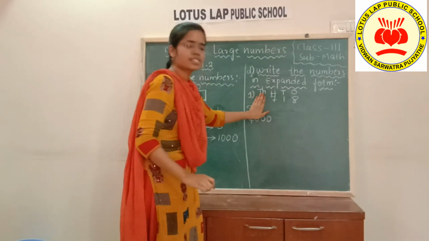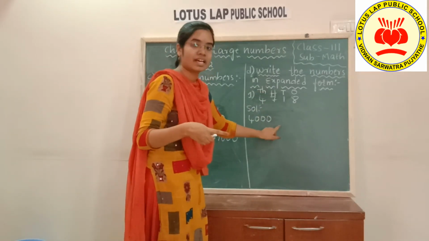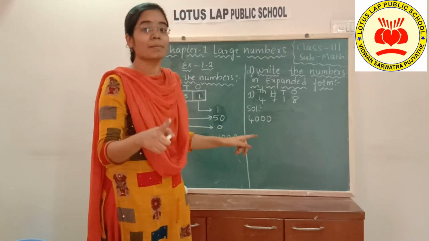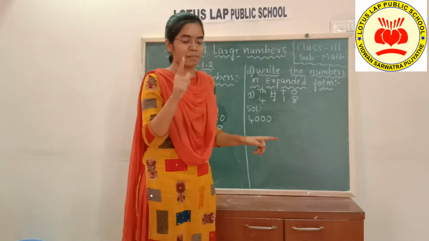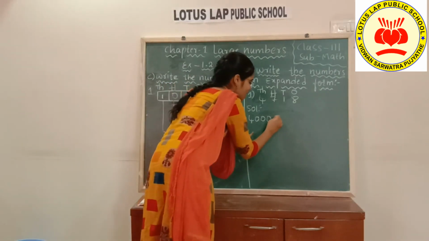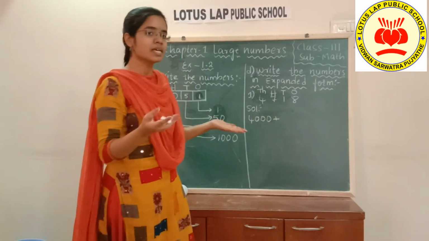Now, this digit is completed. Now you take the next digit. Meanwhile, you need to put a symbol here. As the definition of expanded form, I have told you, expanded form is the sum of the place values of the digits. Sum means what, children? Yes, addition. So we need to put a plus symbol in the expanded form as we are doing the sum of the place values.